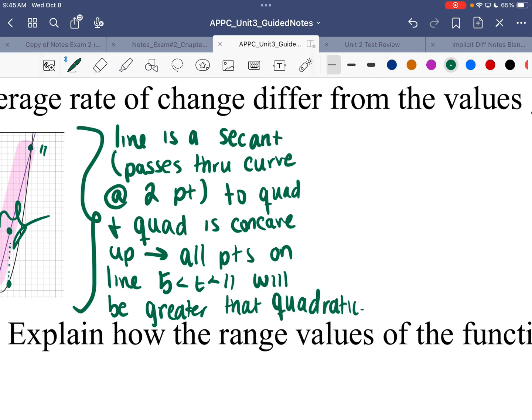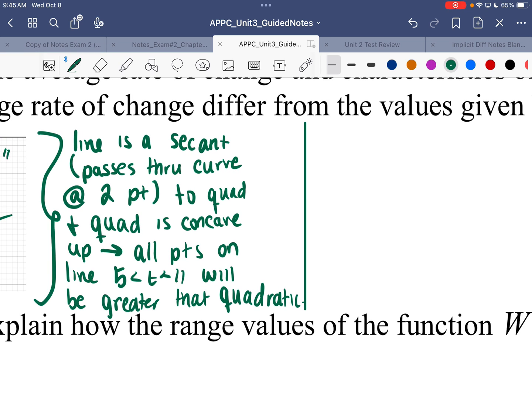If we were, let's just do like another situation. If we had a secant line, was the AP question last year, you had to have a secant line explanation. If you had, for example, a quadratic that looked like this, concave down, and you had some line like that, and we're talking about in between these 2 points. So here's another secant line.